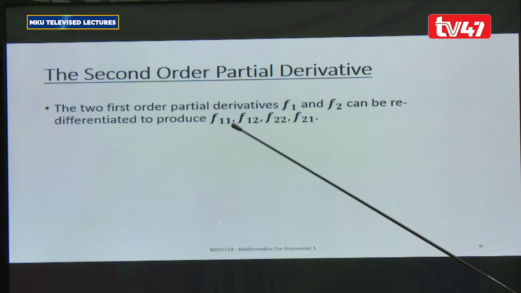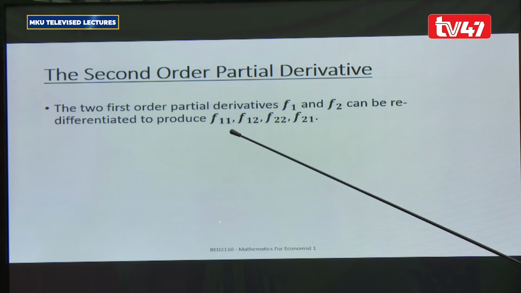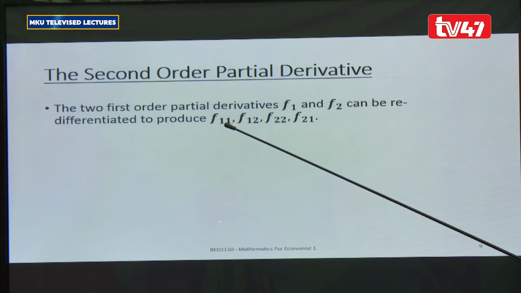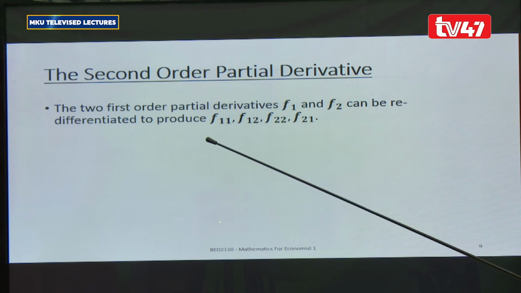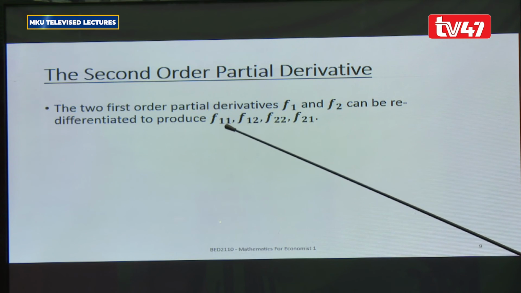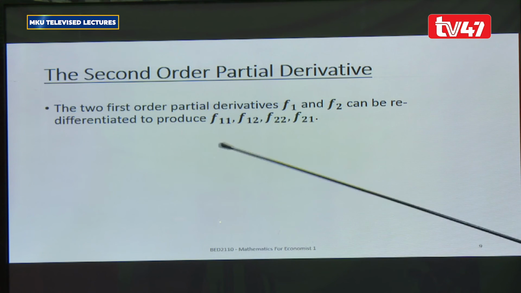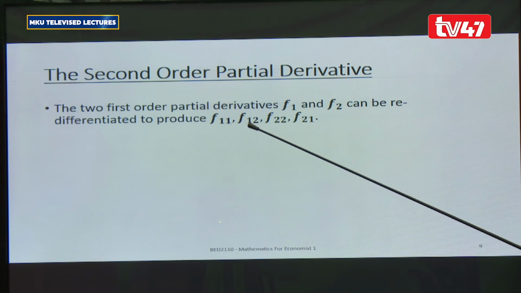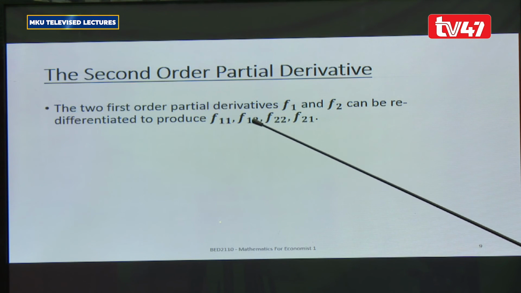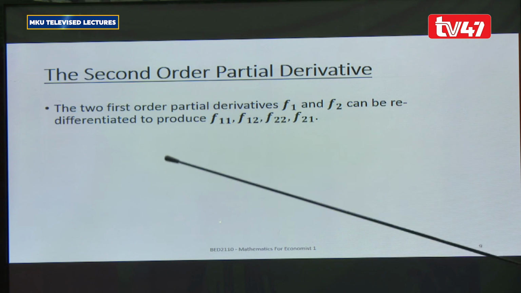Now, f11 in this case means the second order partial derivative for the function that we initially had differentiated with respect to x1. So we differentiate this function again for the second time with respect to x1. For f12, we differentiate it for the second time with respect to x2.